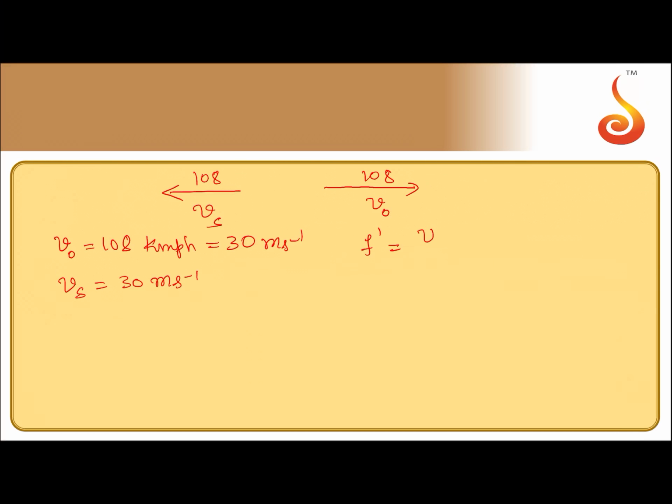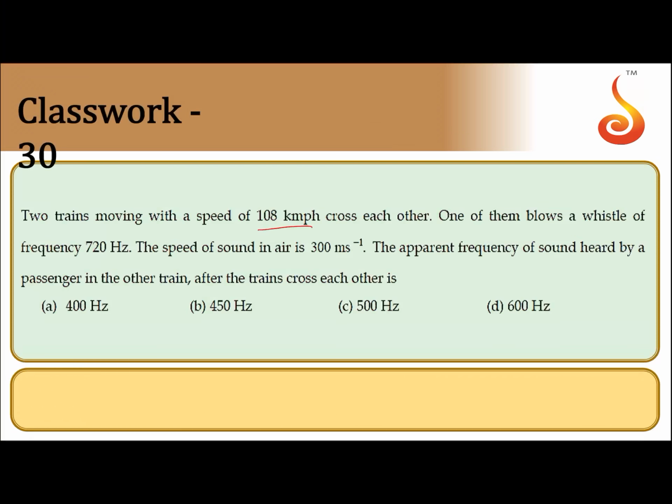So the apparent frequency f dash is equal to V minus VO, the observer velocity, divided by V plus Vs, into F. So substitute V is 300, okay, just change this to 330, not 300.